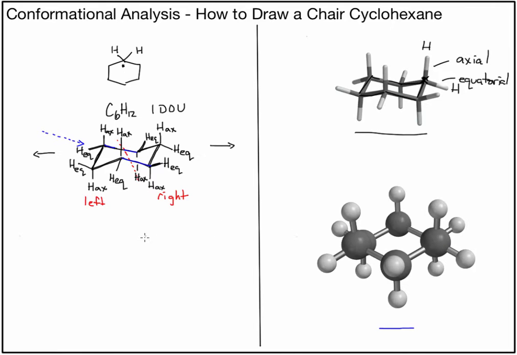So how do we draw that? So let's go ahead and start by drawing in our rear carbon. So this is, we're looking down this bond now, and we're going to draw our rear carbon on this carbon-carbon bond. And notice we're looking down this bond, so let's put in this axial hydrogen first.